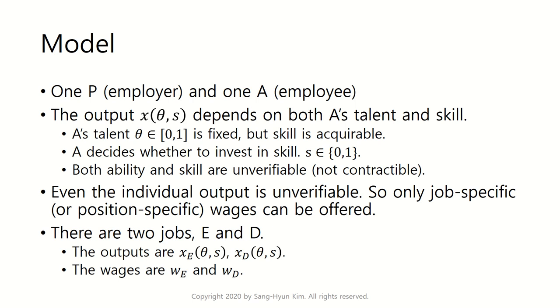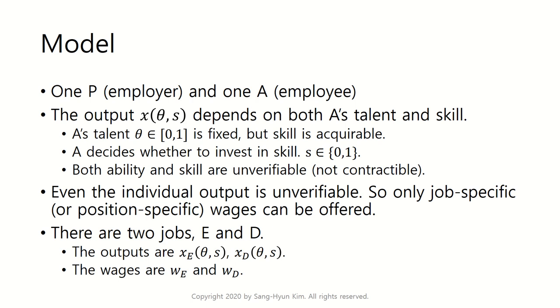And let's suppose there are two jobs, E and D. E stands for easy, D stands for difficult. And outputs XE and XD, and wages are WE and WD. So again, notice that now the wage is just a function of job.